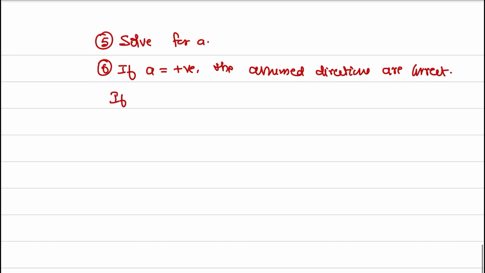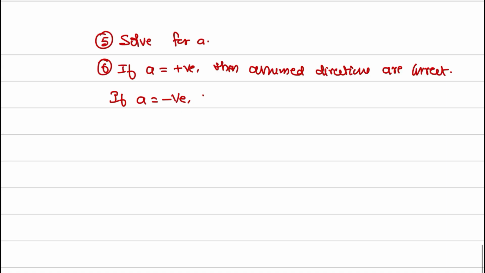If A is negative, it should be done at the last stage: change the assumed direction. You need not do the whole problem again, just change upwards, downwards. Because the question asked is, what is the magnitude and direction of the acceleration?